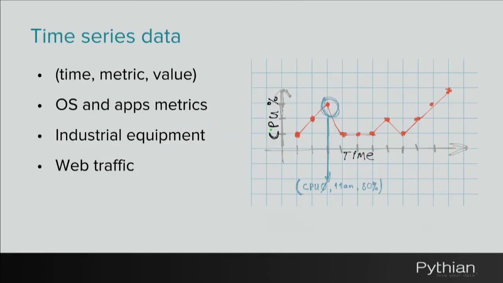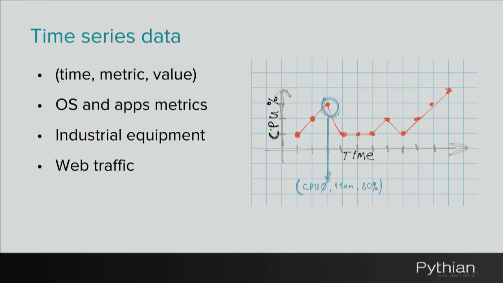So time series. If you've been attending previous sessions of this track, you probably heard about 10 times what time series is and why it's important. But a quick refresher: it's essentially a tuple of a time, a metric, and a value assigned to it. It's a really simple concept, but it's really powerful, right?